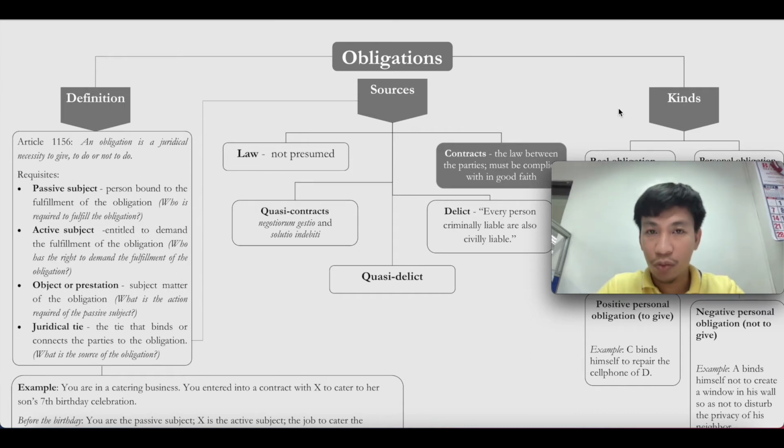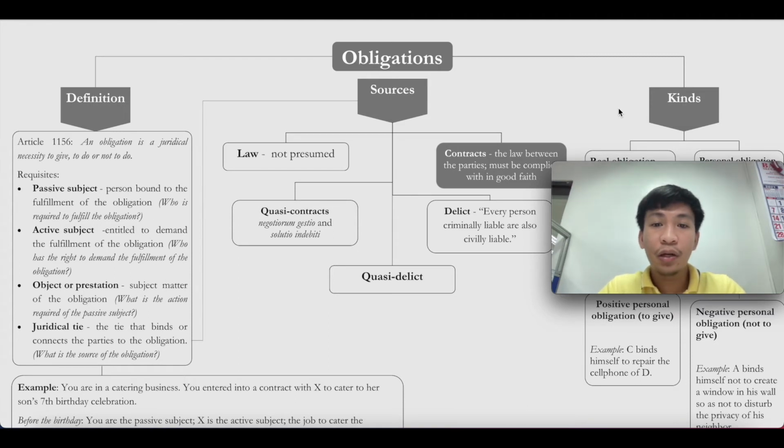Now, what do we mean when we say this is the law that governs the relationship of the two or more parties in a contract? It means na all stipulations must be complied with in good faith. So dapat lahat ng laman ng kontrata ay dapat masunod, kailangan sundin ng bawat party doon sa kontrata.